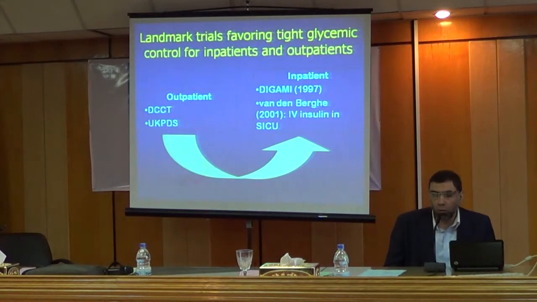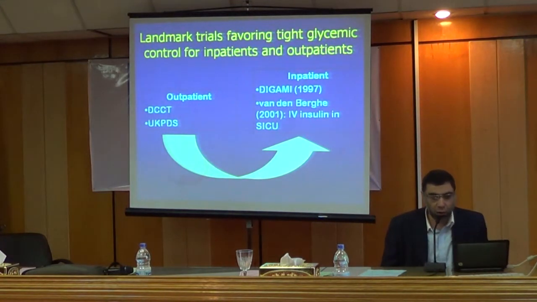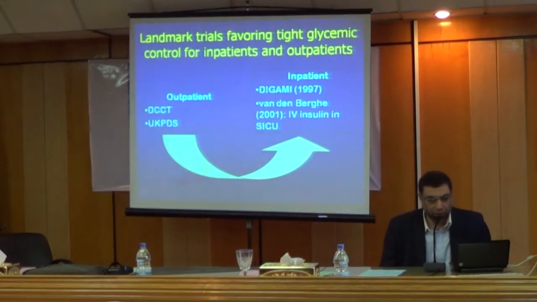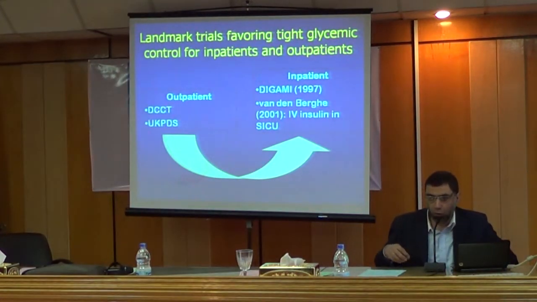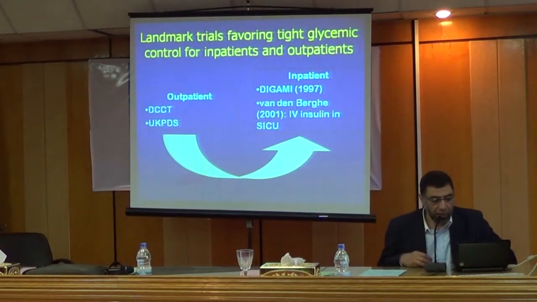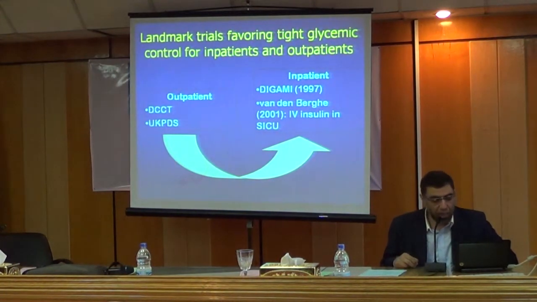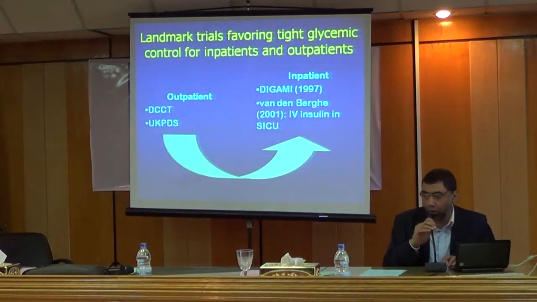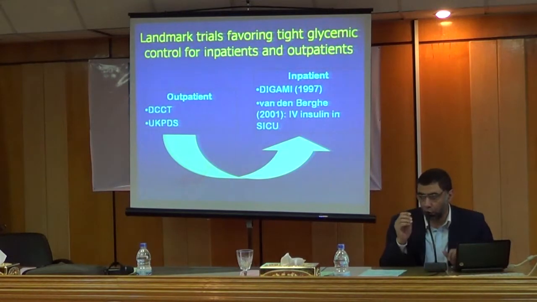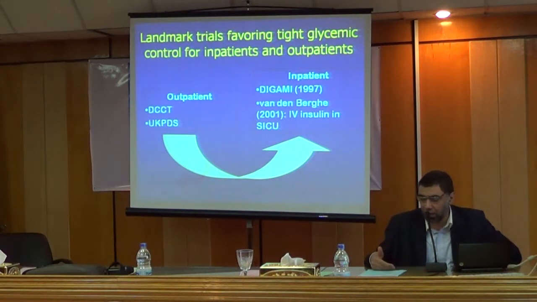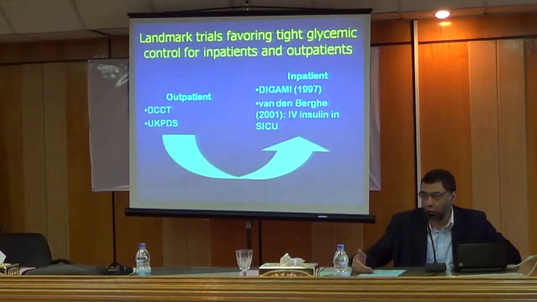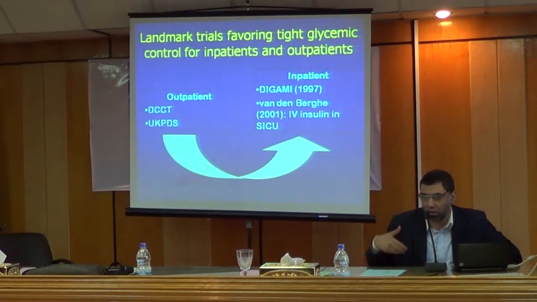Again, let us go to the research. Actually, in the field of diabetes, all of you know these studies. There are 2 landmark studies for outpatient diabetics: the DCCT trial and the UKPDS study. These are well known to colleagues in the field, and I think also to my colleagues in nephrology, because after these studies we know that strict control of diabetes will influence microangiopathy.